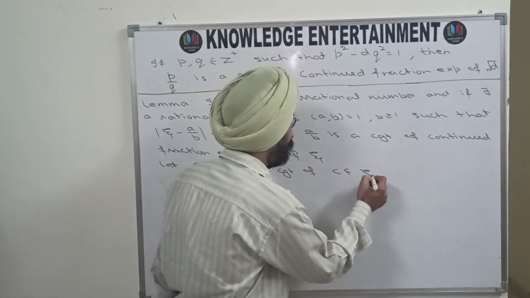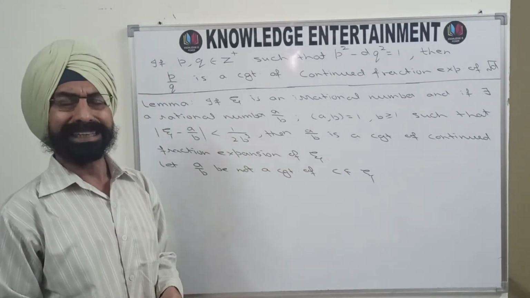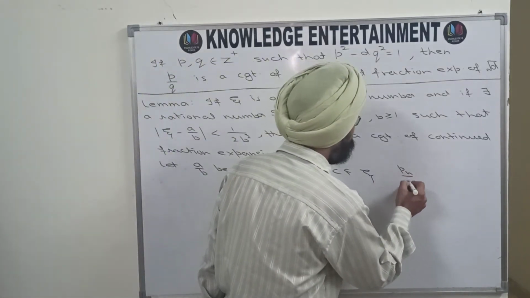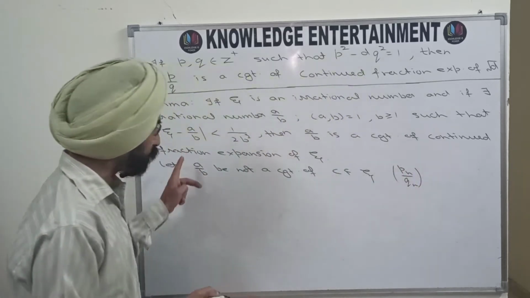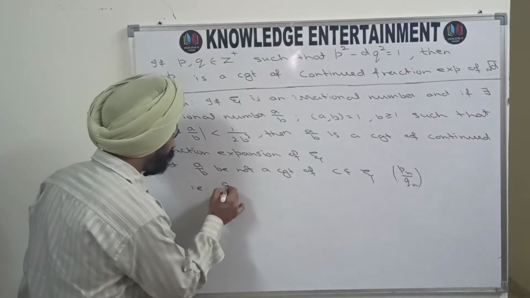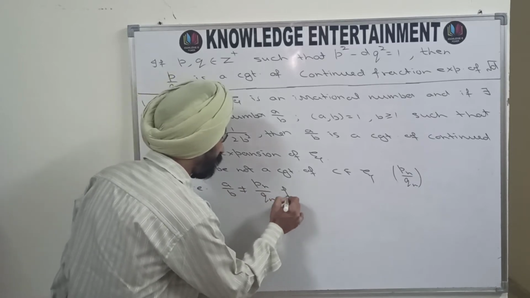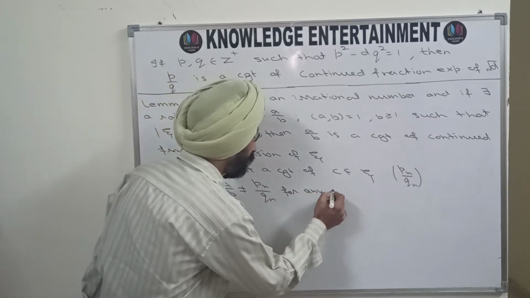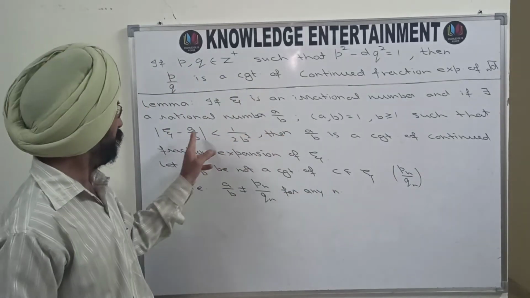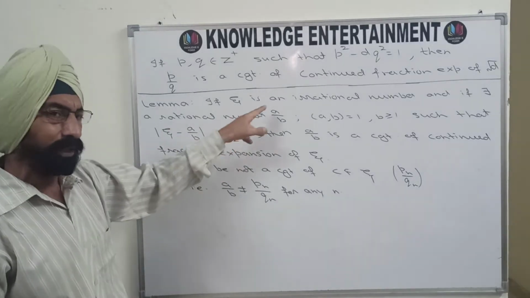And we know that the convergents of xi, an irrational number, we usually write them as p_n upon q_n. So that means a upon b is not equal to p_n upon q_n for any n. This a upon b is the rational number for which mod of xi minus a upon b is less than 1 by 2b squared, which is given to us.